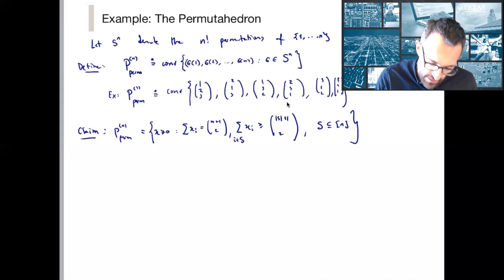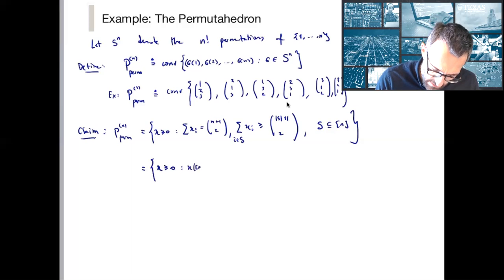There's another way to write this down. So this is equal to x non-negative, such that, I'll just write this first one a little bit more compactly, getting a little lazy here, x of N is equal to (n+1 choose 2).